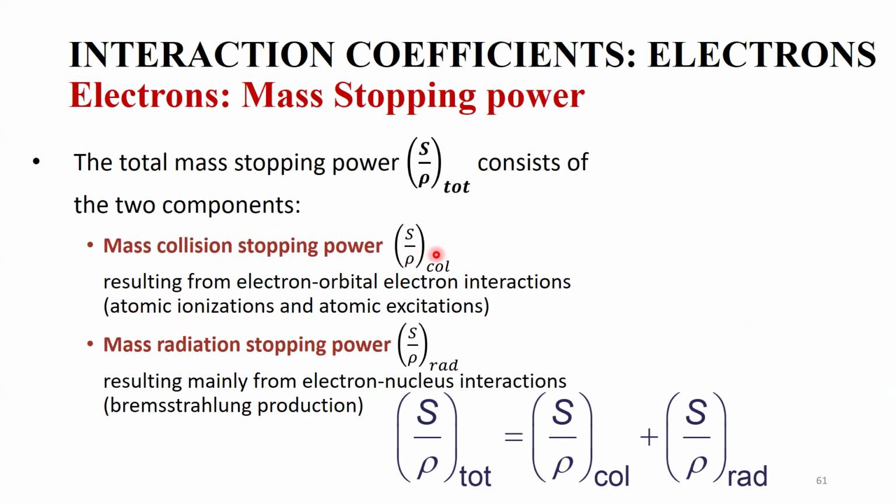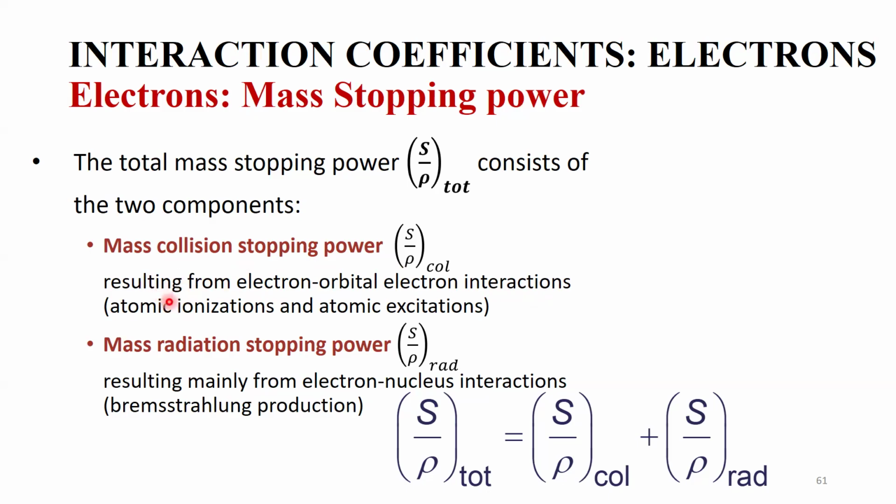The mass collision stopping power, S over rho collision. This component arises from orbital electron interactions. So when the energetic electron interacts with an orbital electron in the material, it can cause atomic ionization or atomic excitation. Atomic ionization means the incident electron transfers enough energy to eject an electron from its orbital shell, leading to ionization.